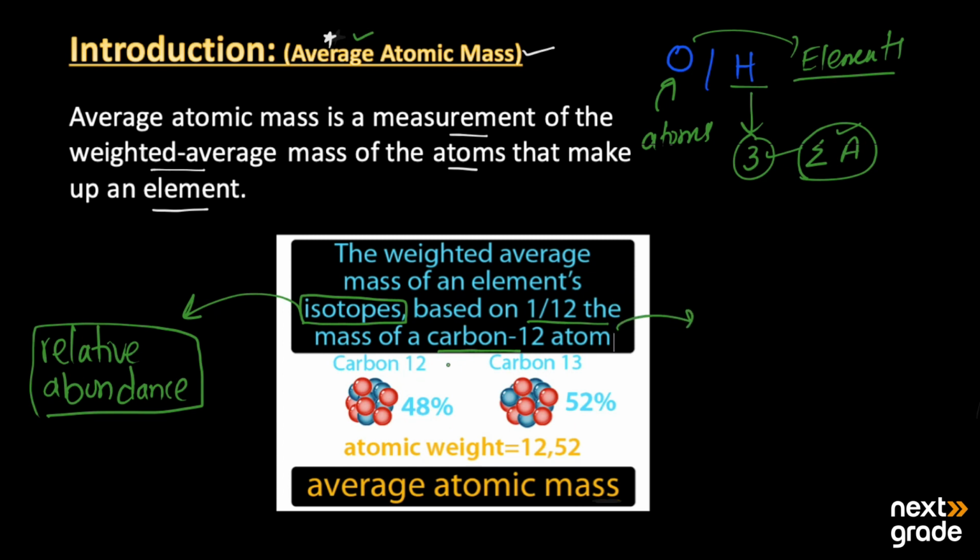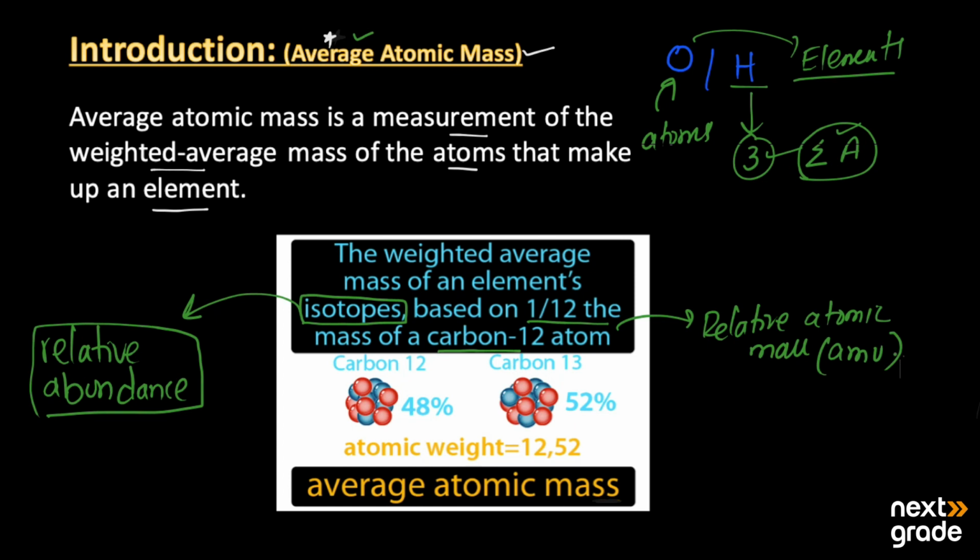The 1/12 of the mass of carbon-12 is also known as the relative atomic mass, and that relative atomic mass is measured in the unit atomic mass unit, or AMU in simple.